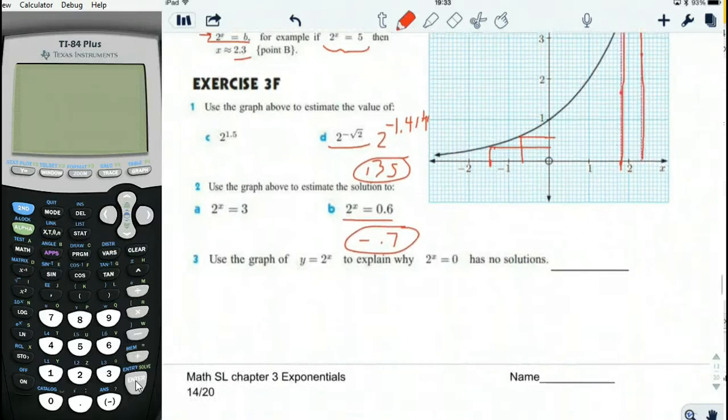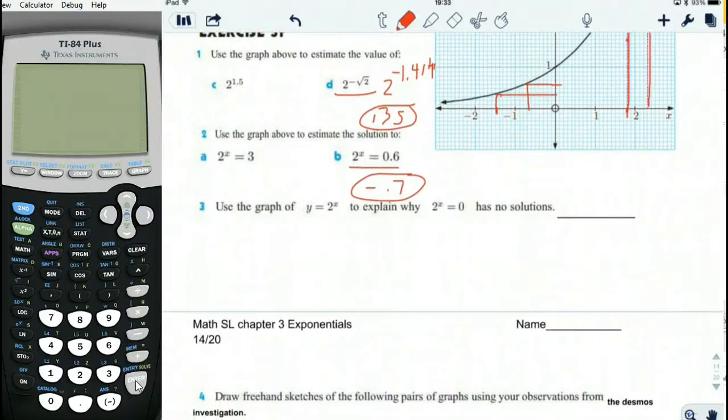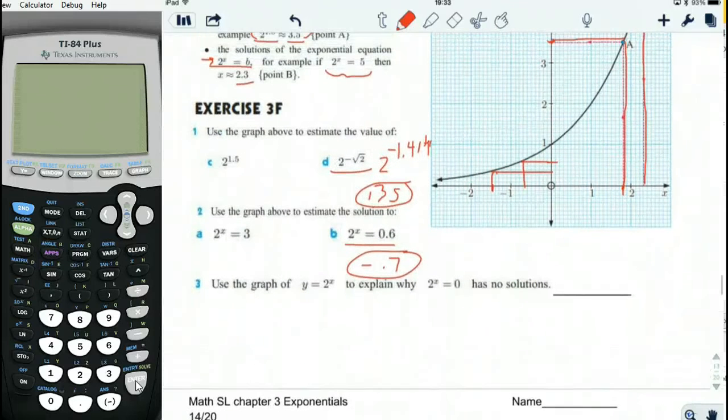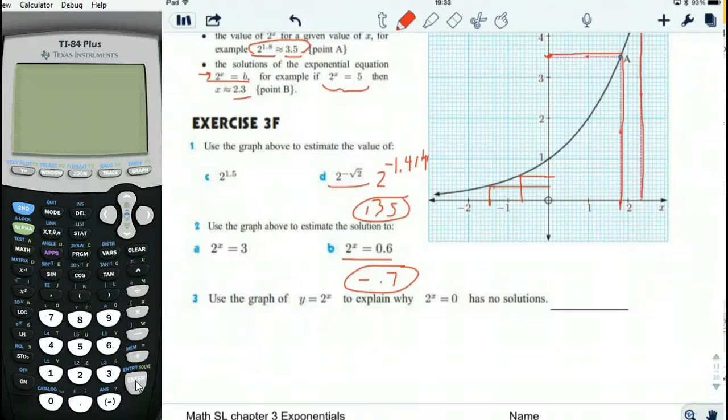Maybe. Okay. Use the graph of y equals 2 to the x to explain why 2 to the x equals 0 has no solutions. Let's see, 2 to the x equals 0. That's when y equals 0. That's right here. When is the exponential curve equal to 0? Well, actually, it never is because it's an asymptote.